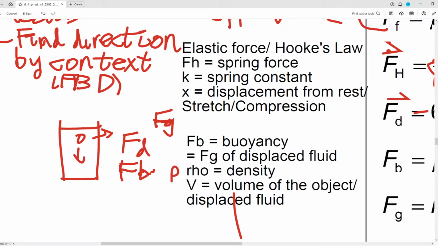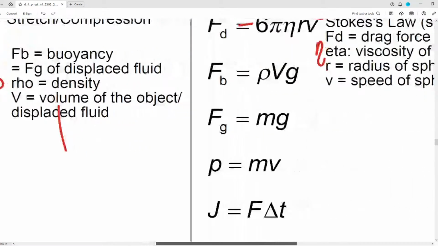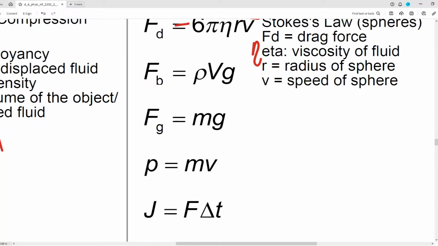All right, continuing on to the next formula. Now, the next formula is gravity. Everybody knows this one. So popular, but I'll properly write it down. M is mass.